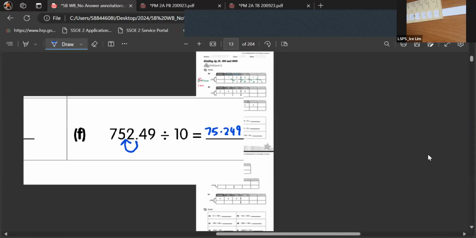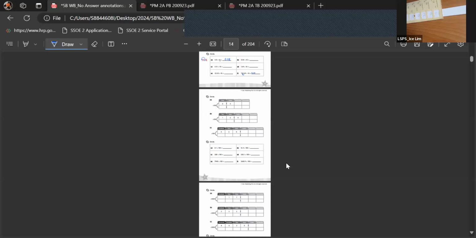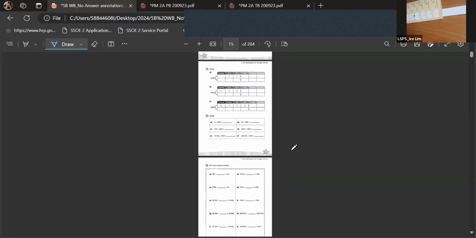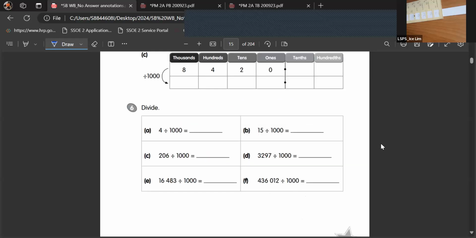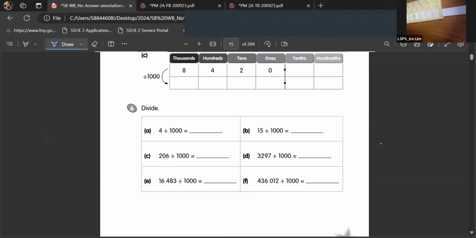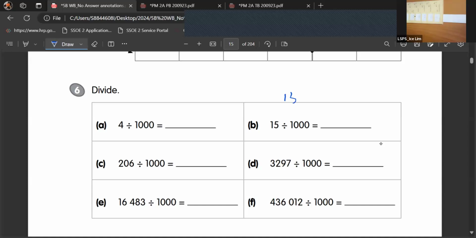Okay? Then I will jump to the 1,000. Like for example, you see these numbers here. There's no space to do the working. I will find the space to write it. If there's no decimal point, what to do? Make it there. Yeah, that's correct.